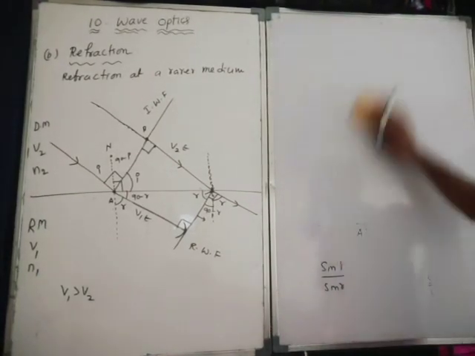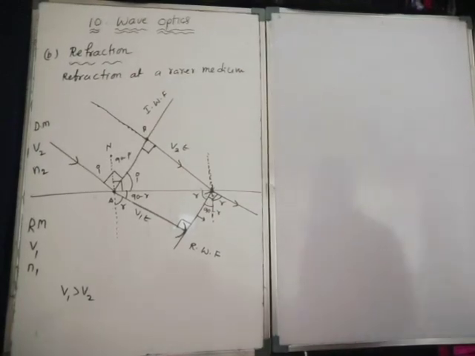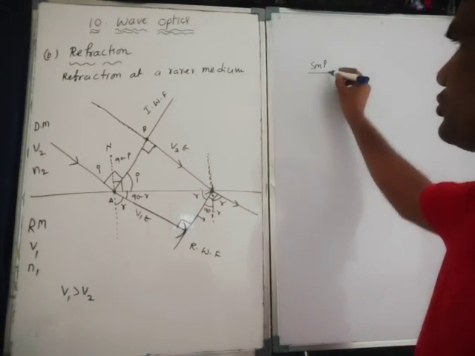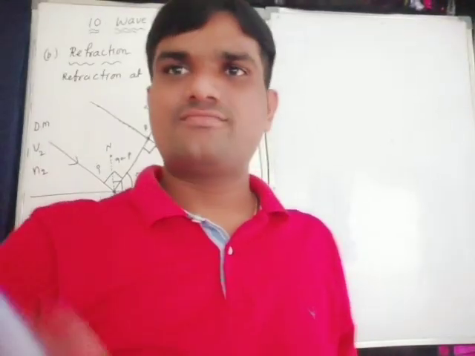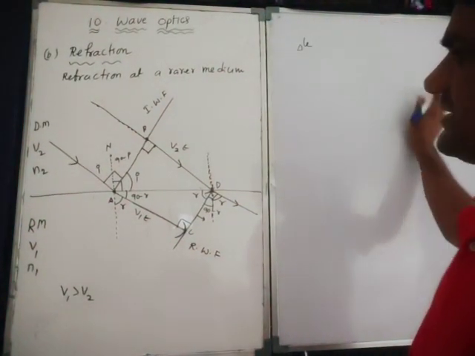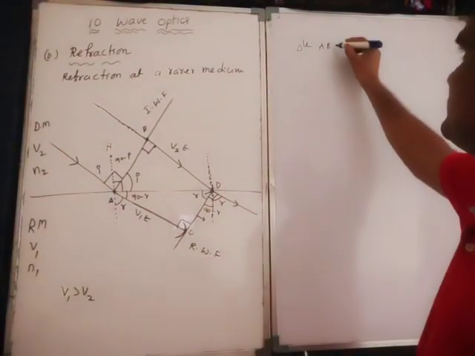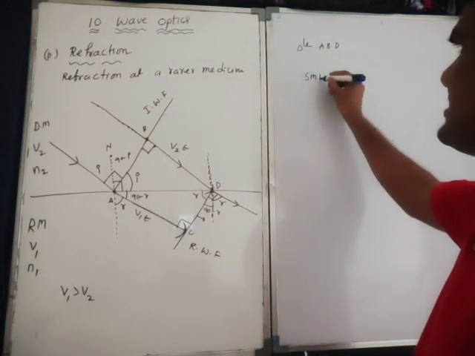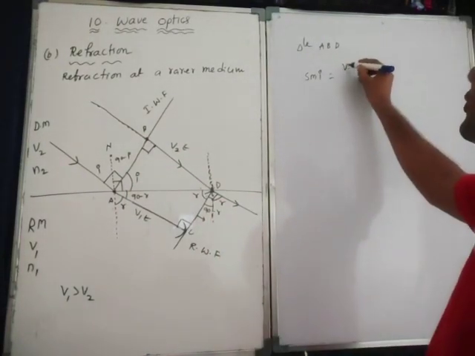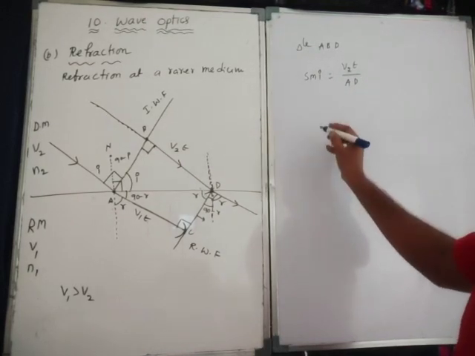So sin I is equal to... Right. So in triangle ABD, sin I is equal to opposite side by hypotenuse, V2 into T divided by AD. Alright.